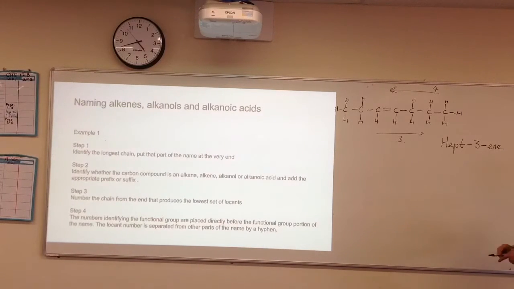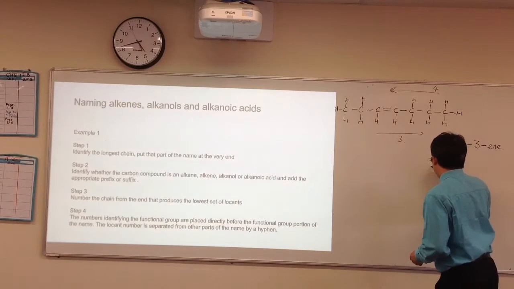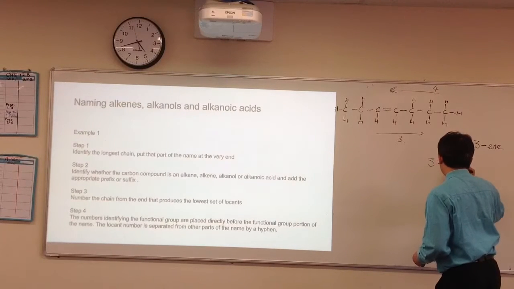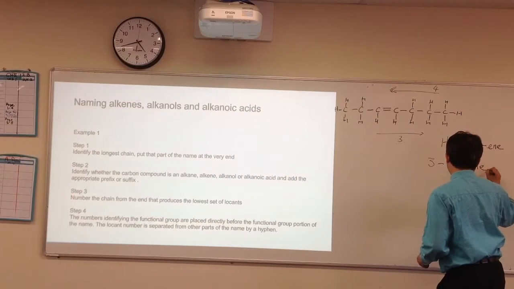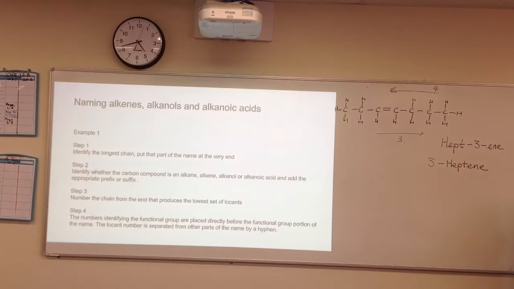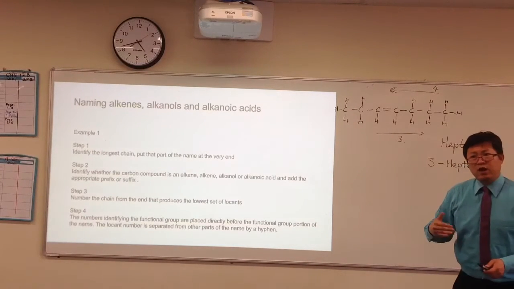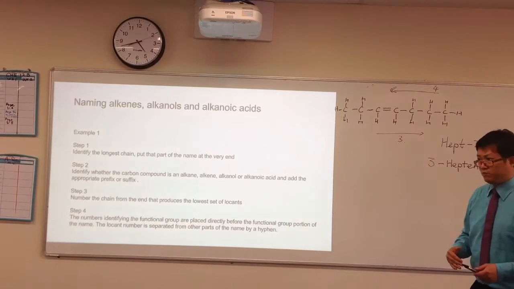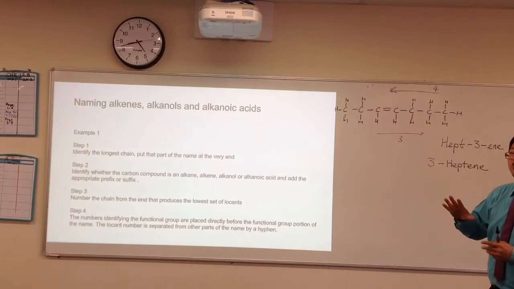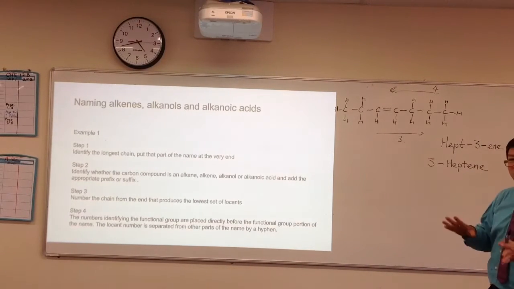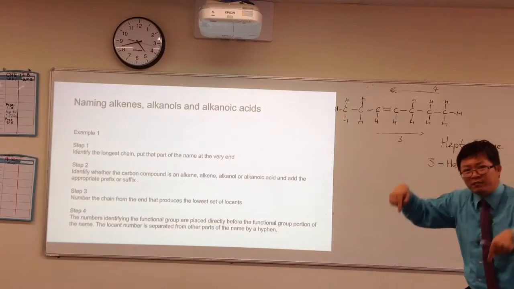Now, however, if you read some of your textbooks, and also sometimes on the back of your MSDS data sheet, you will see this representation as well. Now, to clarify, both of these are acceptable in the HSC chemistry syllabus. And to make sure that you're absolutely convinced and sleep properly at night, go to the link below.